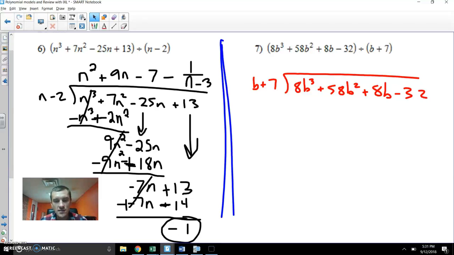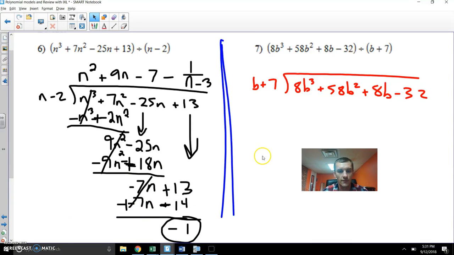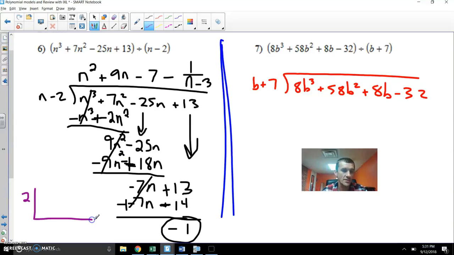You can always double check your answer using synthetic division, which I think I will demonstrate on the first one real quick. Alright, so if I want to check my answer, I need to think about what made this 0. A lot of students would just take that -2. You can't do that, so I'm going to actually divide by 2. Always use the zero of whatever you're dividing by.